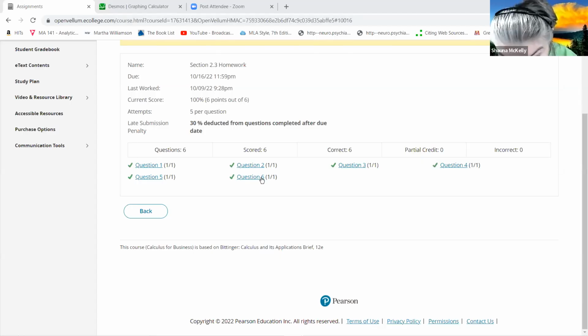Anyway, what they wanted was, I don't have it, but what they wanted was a decimal approximation. So let me see if I can go back here.